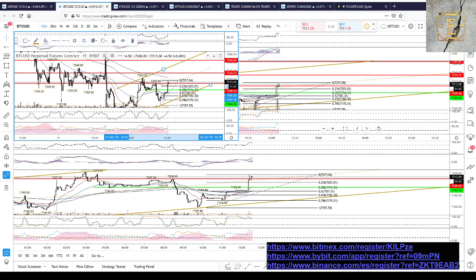So look how this candle stopped at 15 minutes here. So this area should be more than enough to stop the bulls.